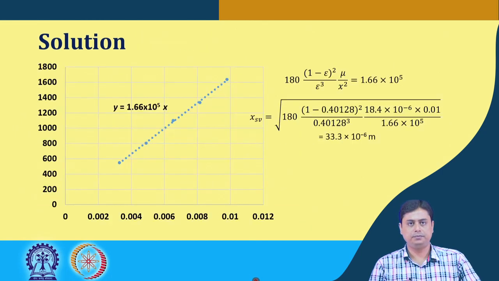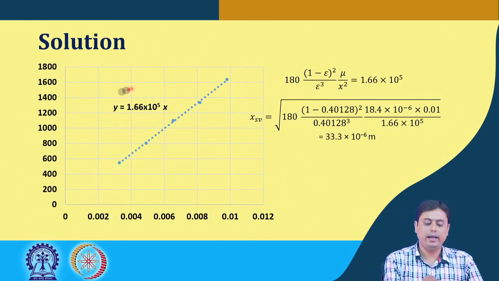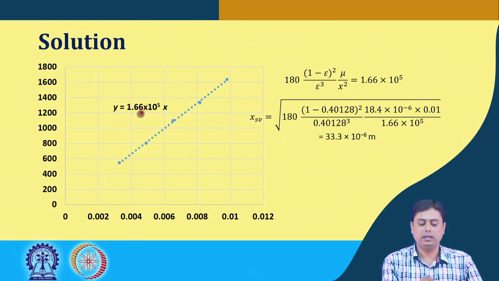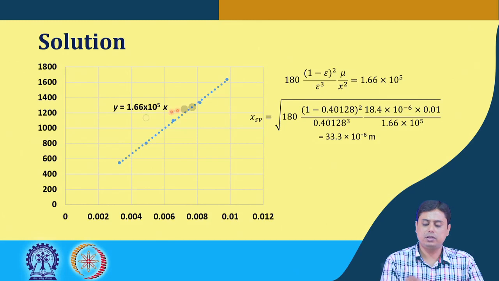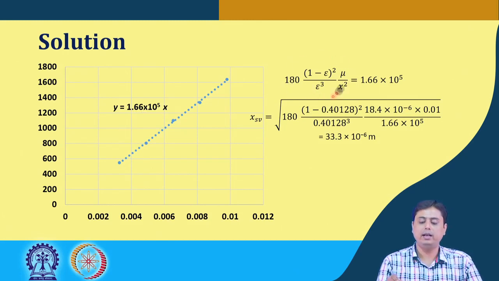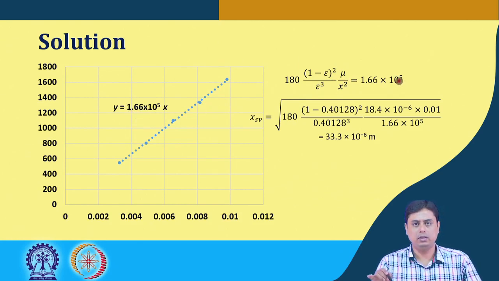If we plot this, we find that this is the expression y equals mx, where m is the slope, where y is del p by L and x is the superficial velocity. So, we find that this is the expression for the slope of that line, which is equal to 1.66 into 10 to the power 5, and then we replace the numerical values in this expression to find out what is x.